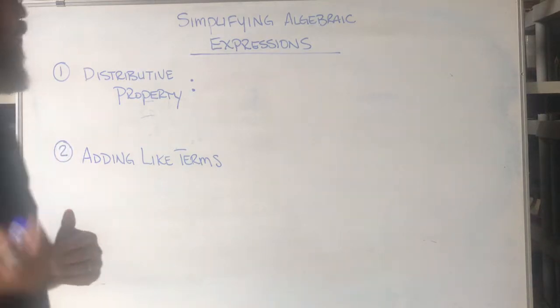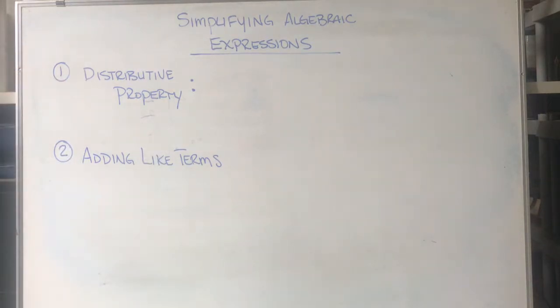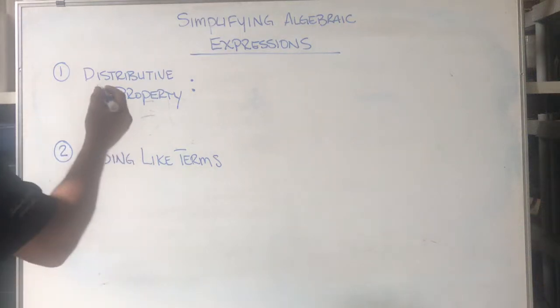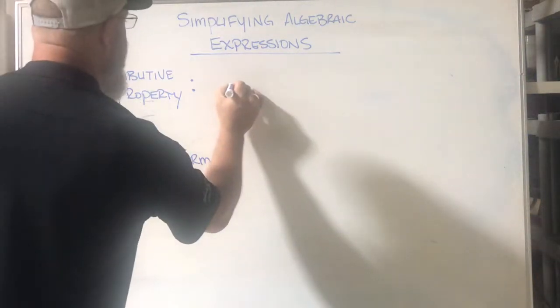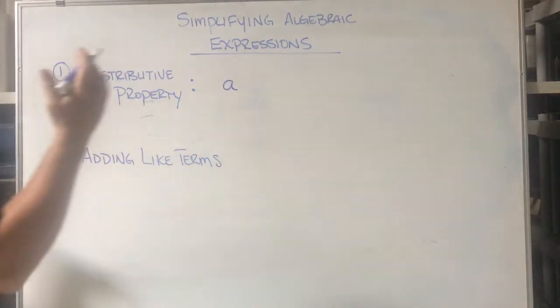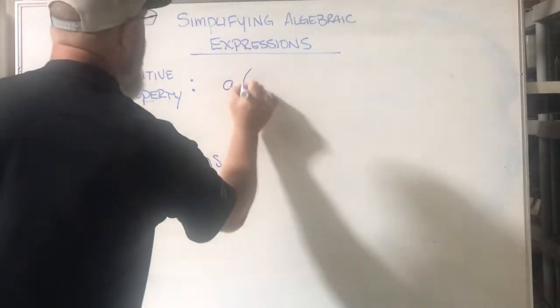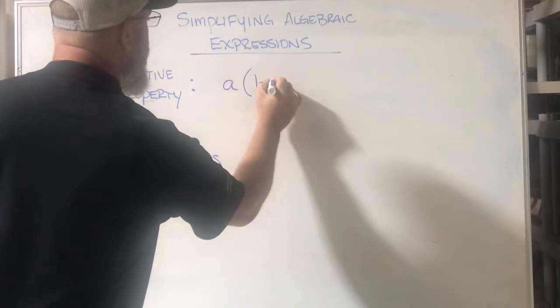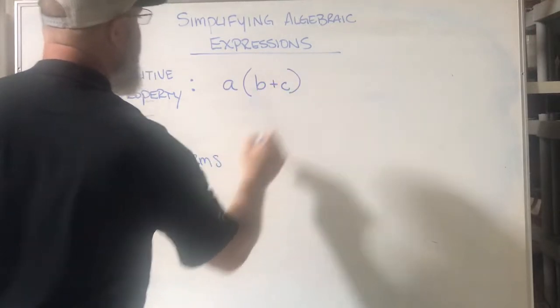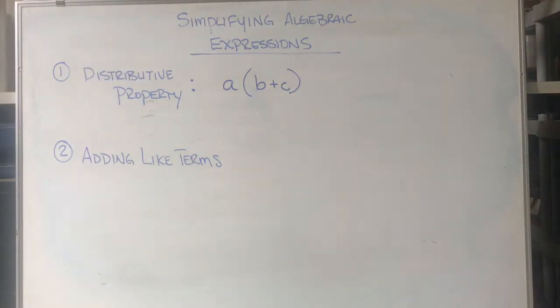Okay? So, what is the distributive property? Let's go ahead and review that. The distributive property says that if I have A, that's just a value, times another value added to another value inside parentheses, okay?